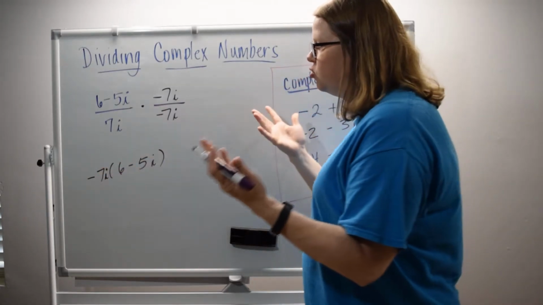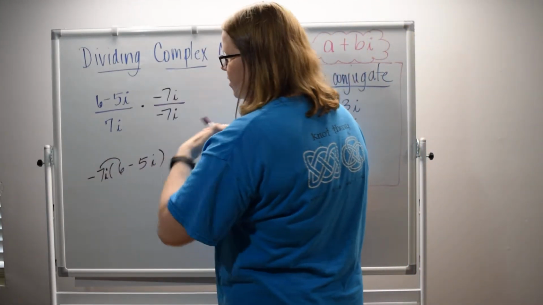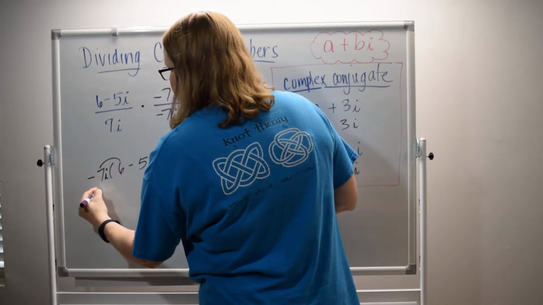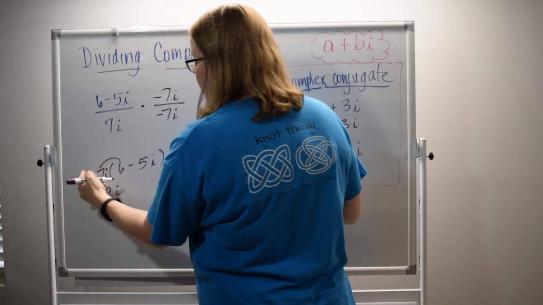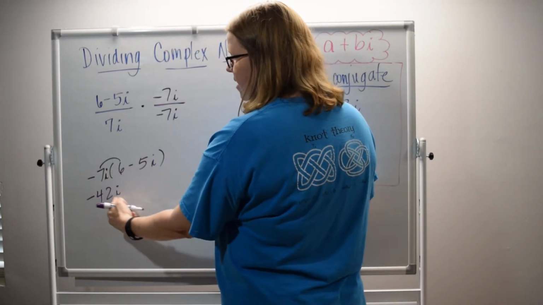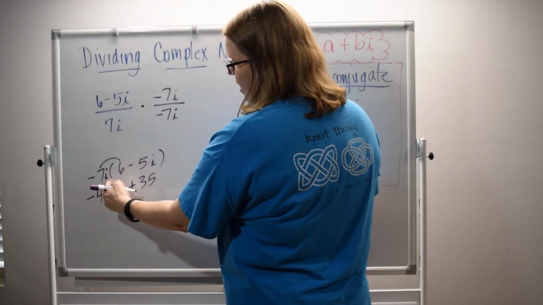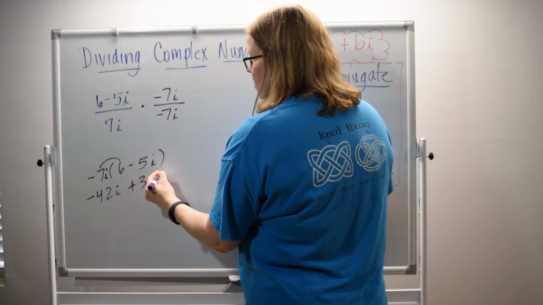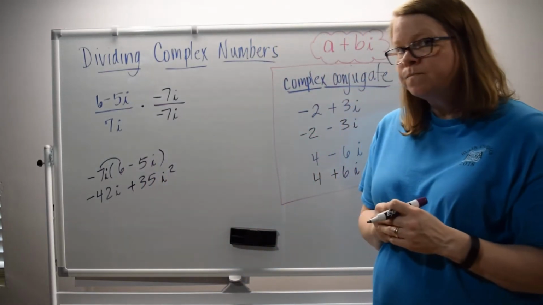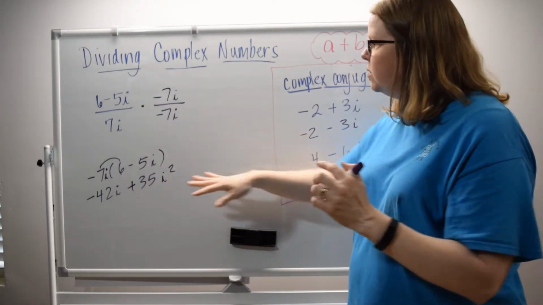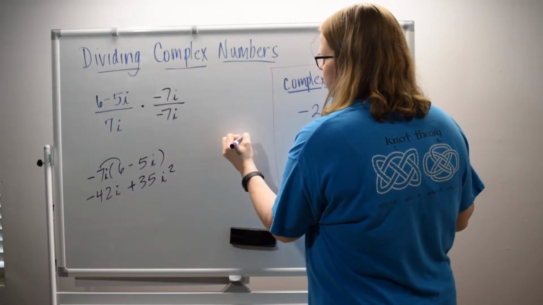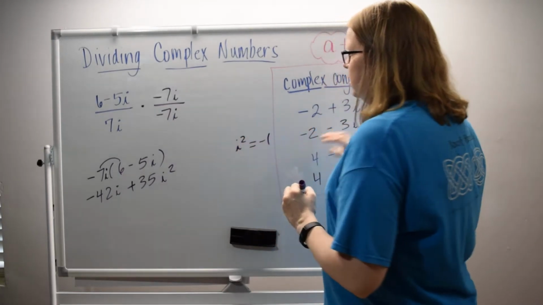So now I'm going to distribute, and it looks like the distributive property that we've been doing for a long time, and I know what to do there. So negative 42, and I've got the i. Negative times negative is positive 35. And then I have i times i, which is i squared. Now, i squared equals negative 1. That is the same thing.